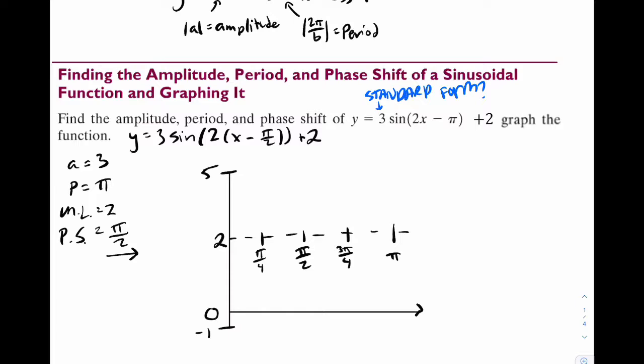As with any graph, let's not worry about the phase shift right now. Let's just say there were no phase shift. The graph would look something like this. Here in the middle, it's positive sine, so it should look something like this. Here to there to there.